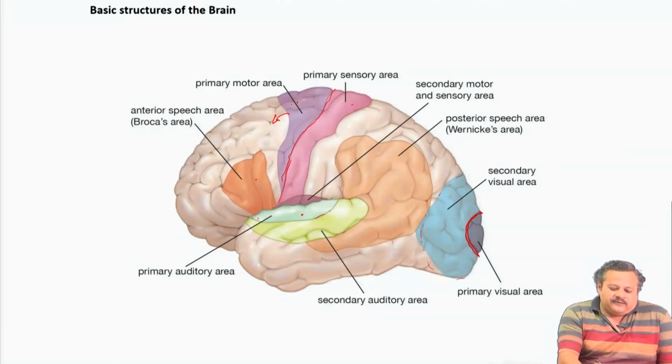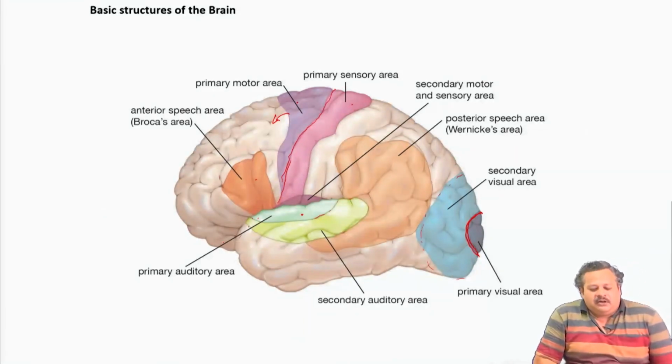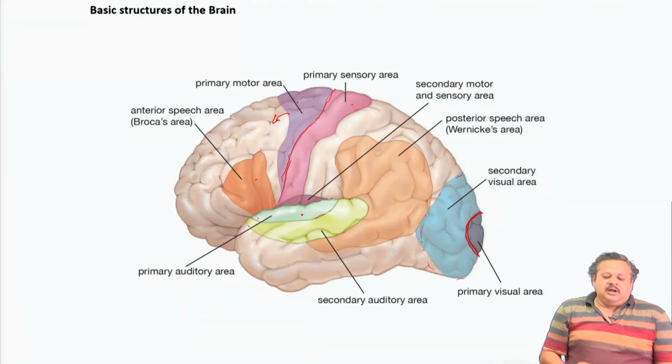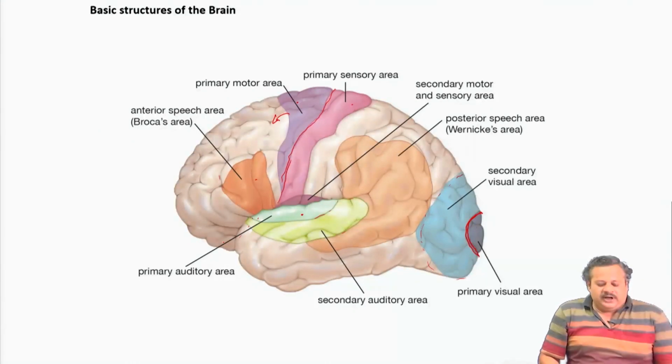And right in front of this region is the prefrontal cortical region, which is the executive region of the brain, in the frontal lobe, and is the most anterior part of the brain.